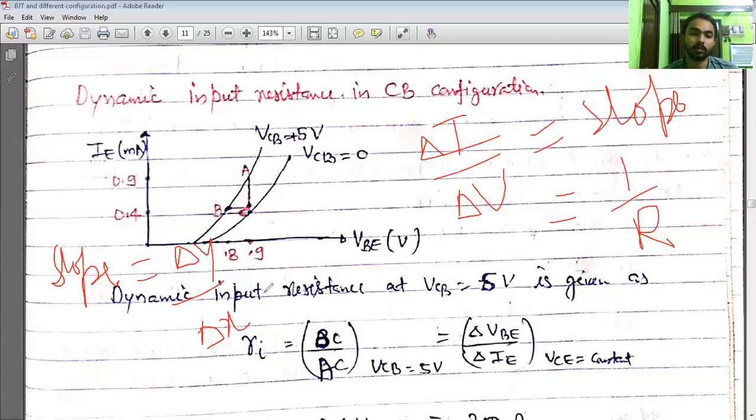So del y will be this current, that is delta IE, and del x will be this delta voltage.